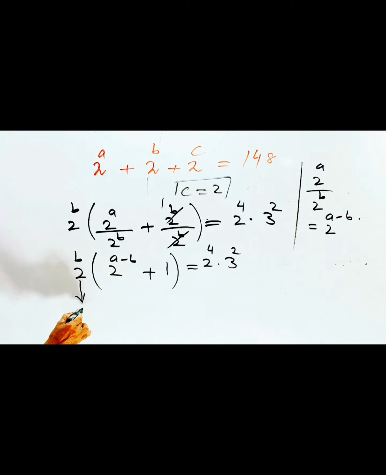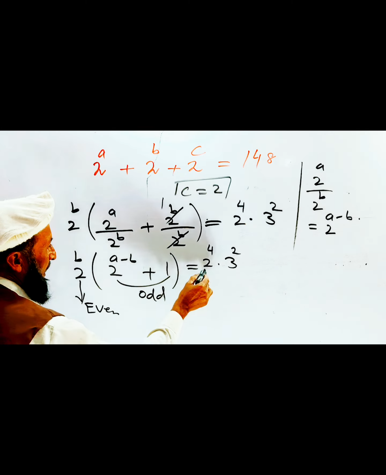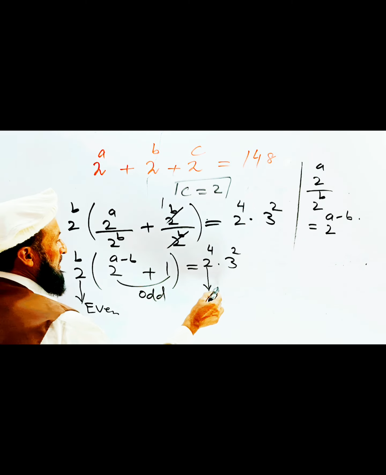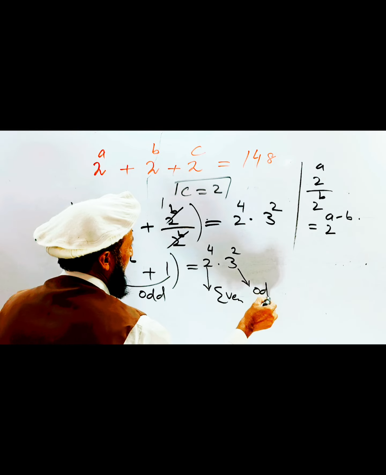So 2^b is an even number and this term is an odd number, and 2^4 is an even number and 3 square is an odd number.